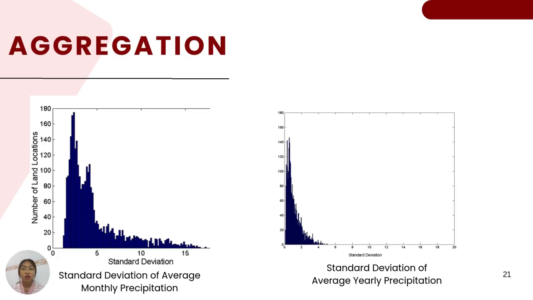When we do that on a monthly basis, we get this very wide spread of standard deviation. Some places are very consistent in rainfall, and there is this long tail of places that are all over the place in terms of variability.